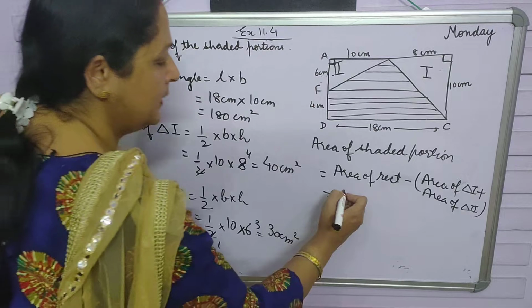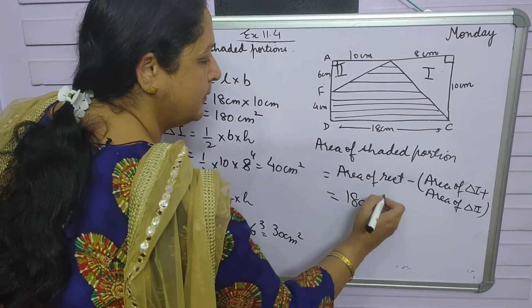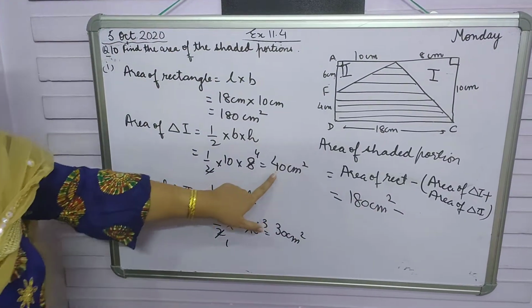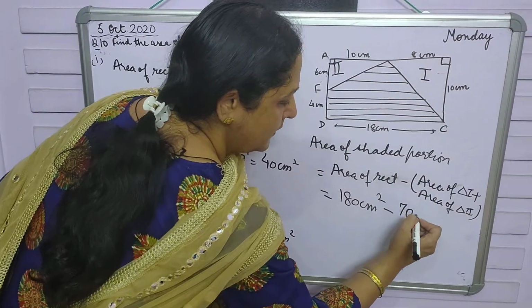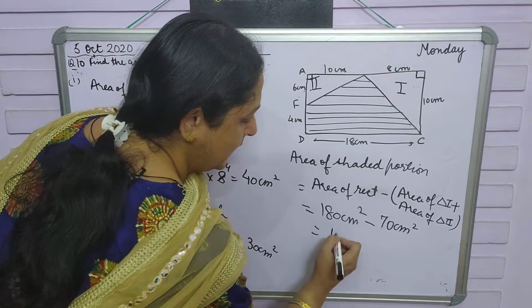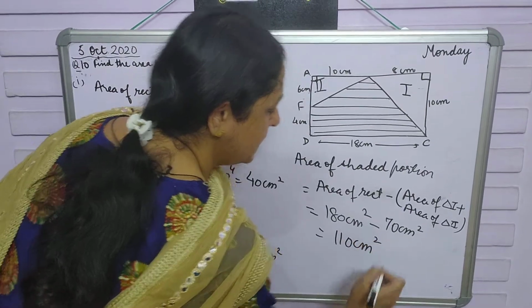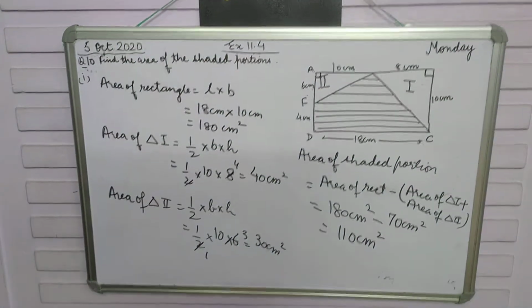Now area of rectangle is 180 centimeter square minus area of triangle 1 plus triangle 2, which is 70 centimeter square. So if I subtract it, I'll get 110 centimeter square. So this is our final answer.